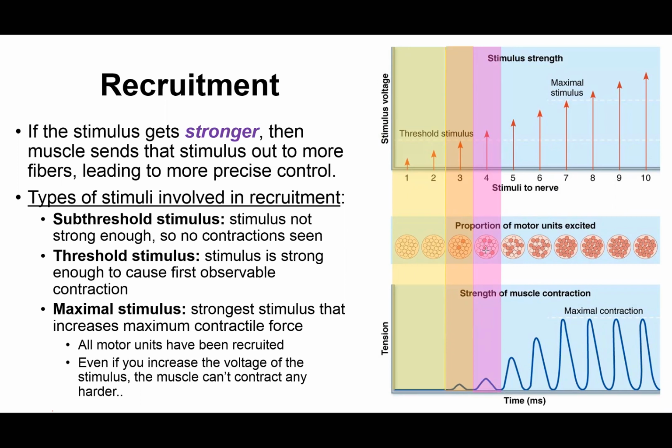And now maybe we have 5 fibers being stimulated, which will result in a stronger contraction compared to our threshold stimulus, right? So we'll have more tension in the muscle. This will increase and increase until we reach what's called the maximal stimulus.